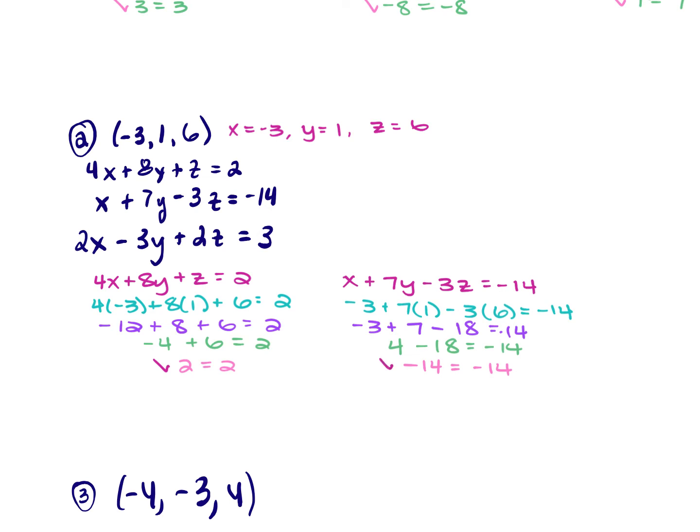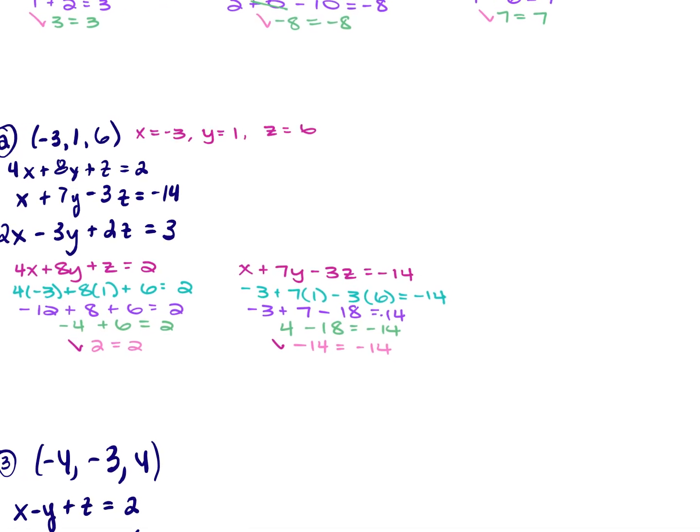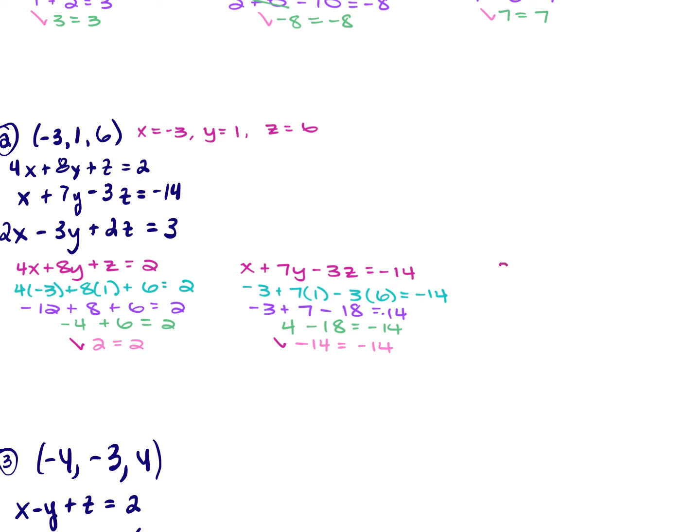So move on to your last equation. Your last equation you have is 2x minus 3y plus 2z is equal to 3. So if we plug in our values, your x is -3. That's 2 times -3 minus 3 times y, which is 1, plus 2 times z, which is 6, is equal to 3.